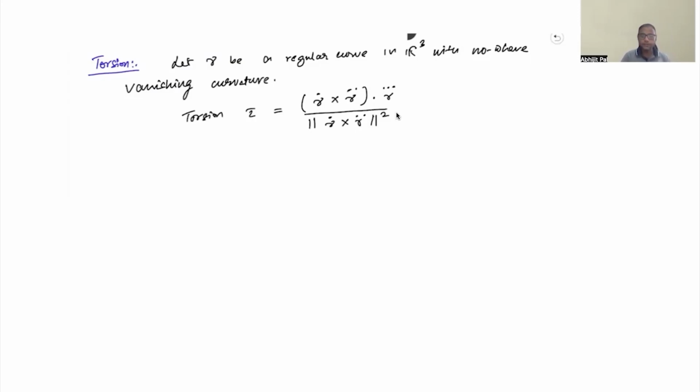Before showing that the torsion of a curve is 0 if and only if that curve lies in a plane, let us compute the torsion of a curve in R3 using this formula.